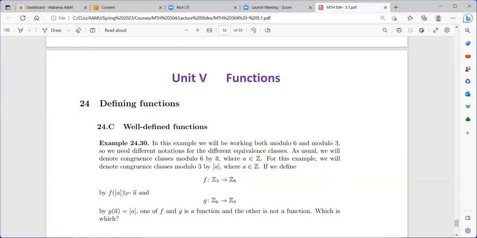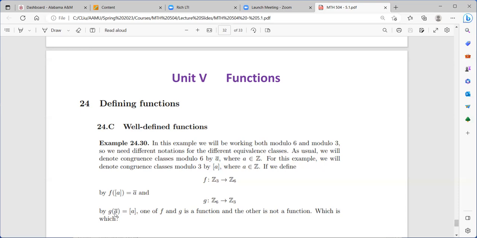For example, if you pick the element bracket 0, it means you are taking all the multiples of 3, in f. And in g, if you are talking about 0 bar, then it will be all the integers that are multiples of 6, since a bar is in Z6.